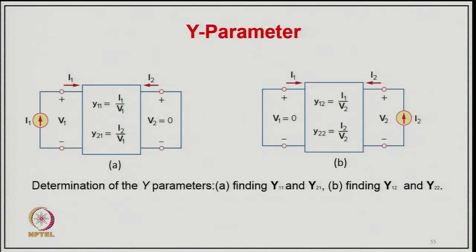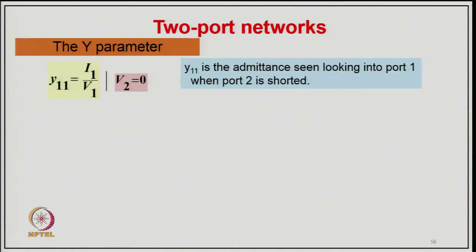So determining the Y parameters means finding Y11 and Y21, and then finding Y12 and Y22. Again, Y11 equals I1 upon V1 when V2 is 0, meaning the second port is short circuited.